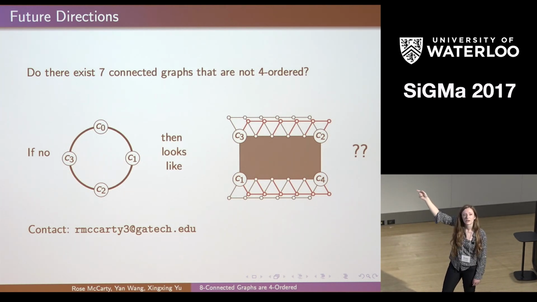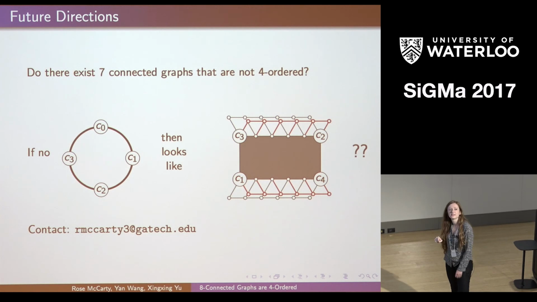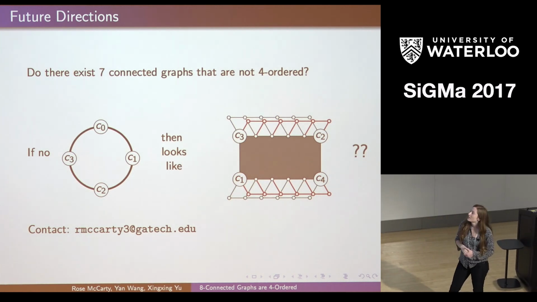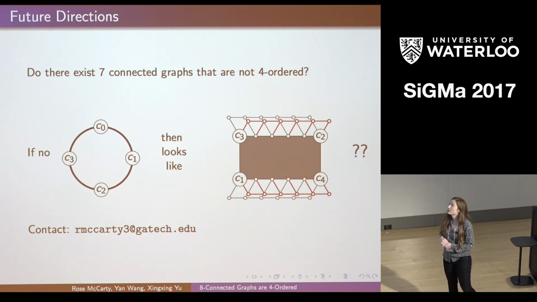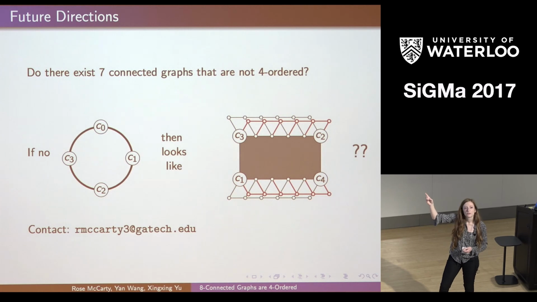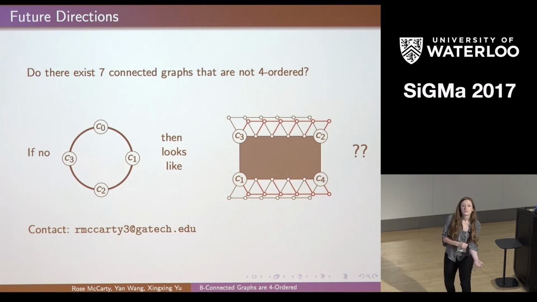So I think you need a little bit more connectivity in order to guarantee this. And pretty quickly in our proof, the symmetry disappears. So the only problem with symmetry is dealt with in the first couple of pages of our proof. And so I think that with something like 5 connected, you can get this.